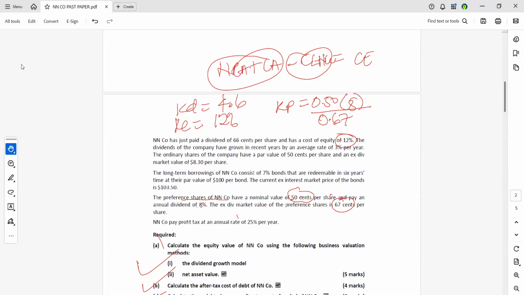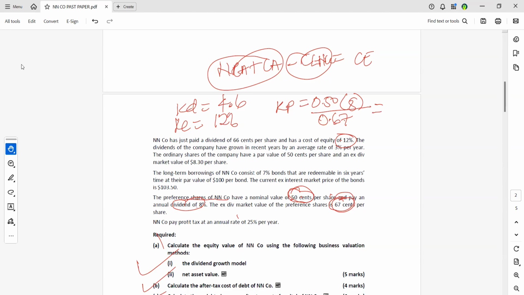Guys, note that the 50 cents I've converted to 0.50, then the 67 cents I've converted to 0.67. To convert cents to dollars, you divide by 100. So 50 cents is 50 over 100, which gives us $0.50. So this is my cost of preference. See how I computed it: it is the nominal value times the annual dividend divided by the price of the preference share.